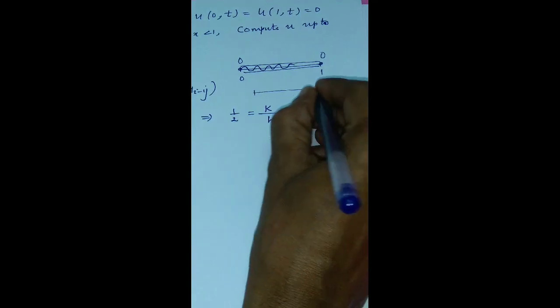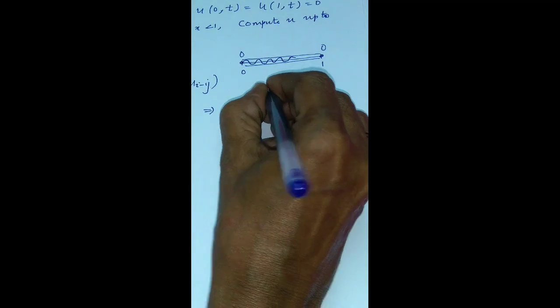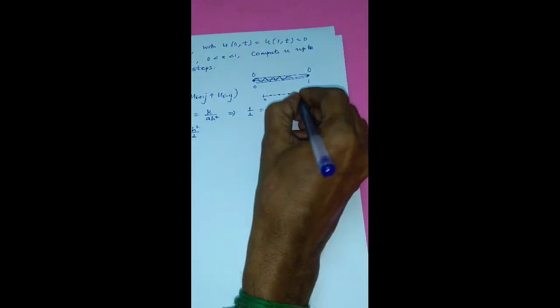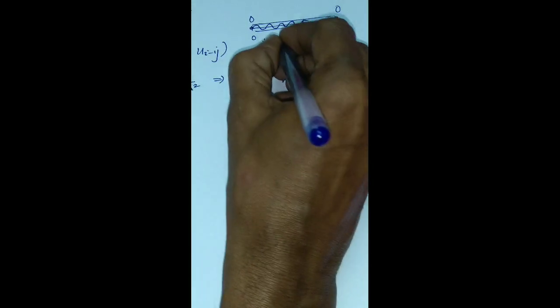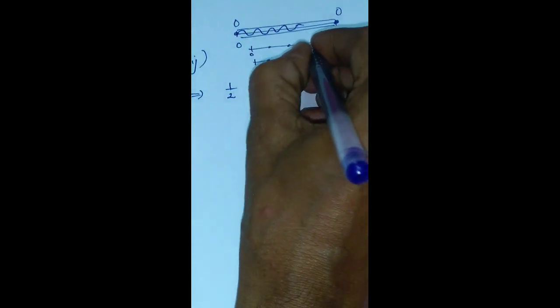If you take 0.2, you know how to split up: 0.2, 0.4, 0.6, 0.8, 1. Or otherwise, you can choose step size 0.25, 0.5, 0.75 and 1.